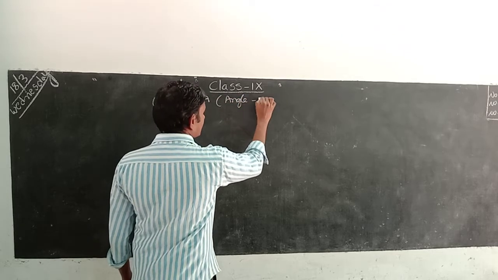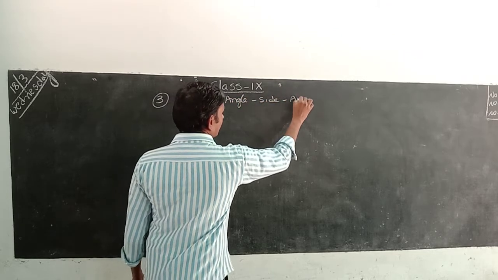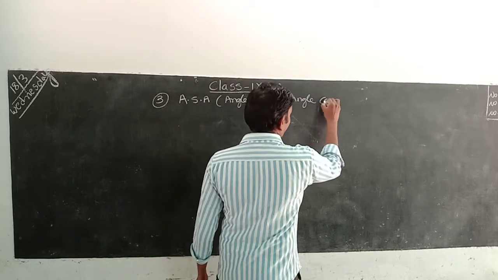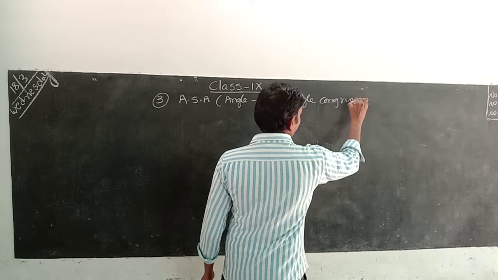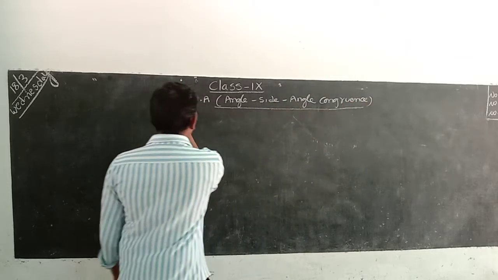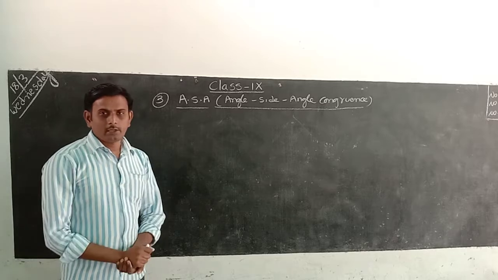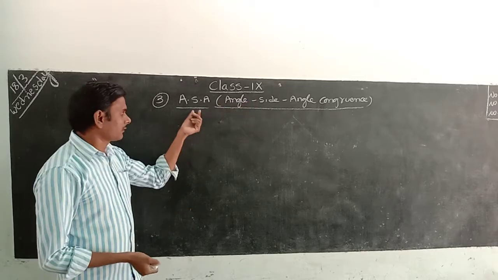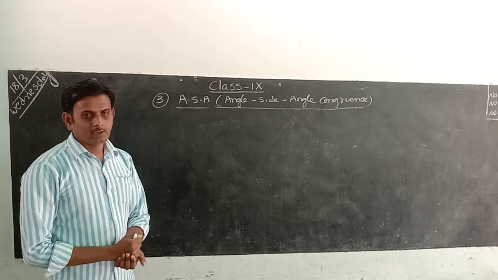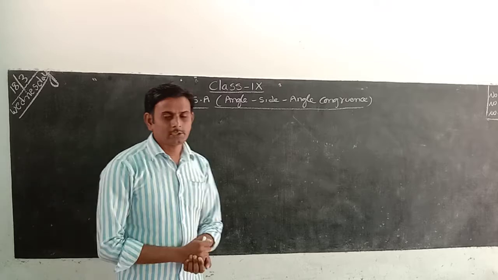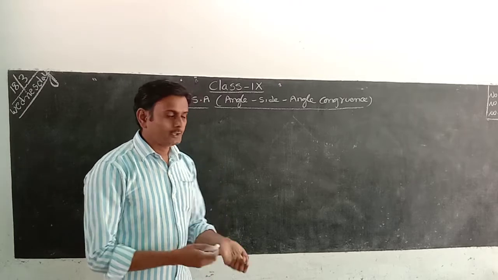Angle, side, angle congruence. Here only the name is given to you. Angle, side, angle, in short form, is the ASA criteria or ASA congruence. Whenever you say ASA, what is the definition there?